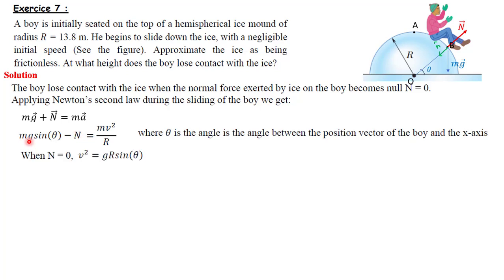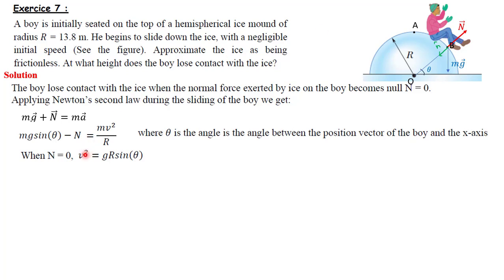So we will have mg sine theta equal m V squared over R. We can simplify with m, and we will obtain V squared equal g R sine theta. So at point B, V squared is equal to g R sine theta, where the point B is the point of losing contact between the boy and the ice.